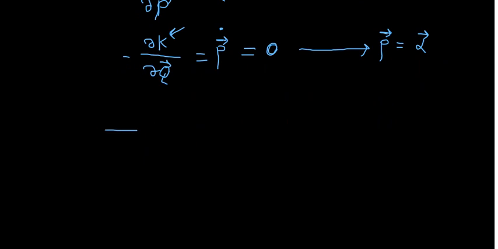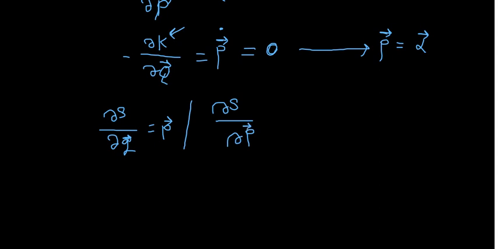The first one is partial S, partial q, the vector q, equals the vector p. The old canonical variables are related through this equation. The other equation tells us that partial S, partial P, the capital vector P, equals the capital vector Q. So far so good. Those are all the equations we need to write down the Hamilton-Jacobi equation in the form we want eventually.